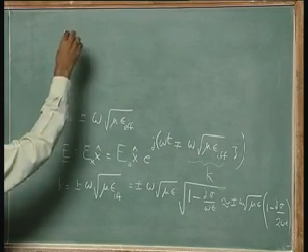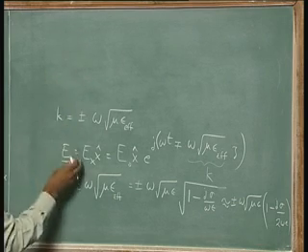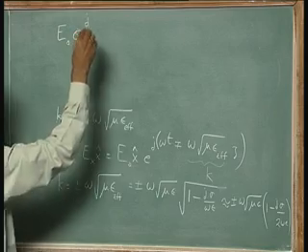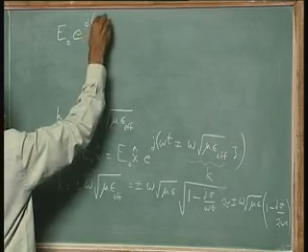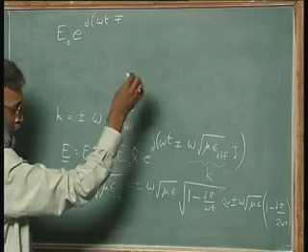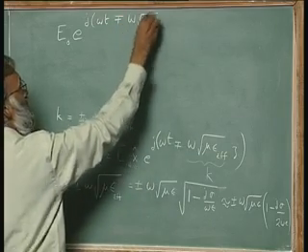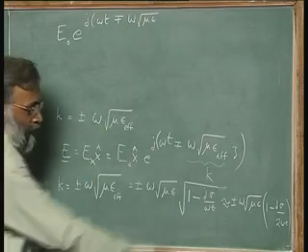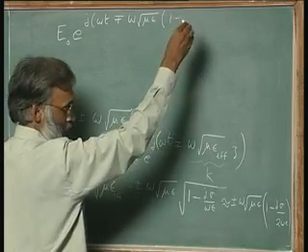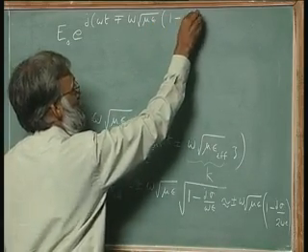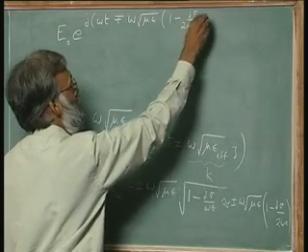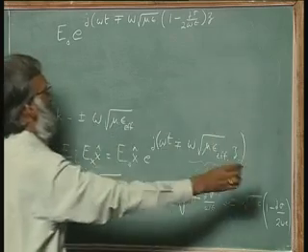So, the electric field is along x, it is some E naught e to the j omega t minus plus omega square root mu epsilon. Now, we write this piece out, times 1 minus j sigma over omega epsilon, the factor of 2 in the denominator, times z.